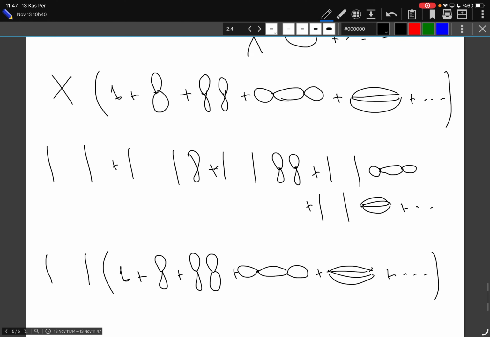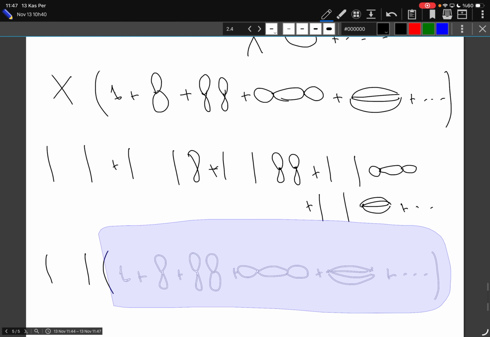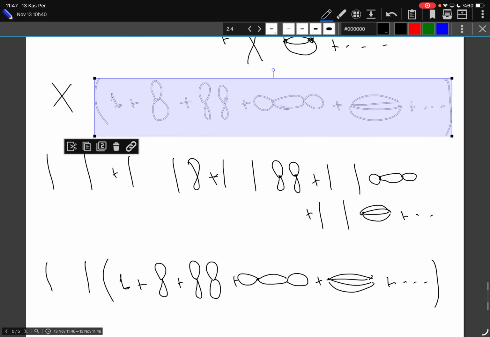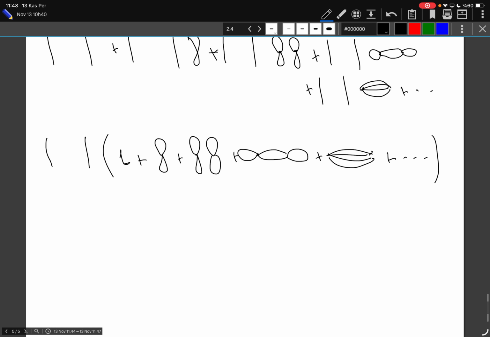But you see, this factor and this factor are basically the same. And they all come from, remember, some contribution from this one, from the expansion of this one.